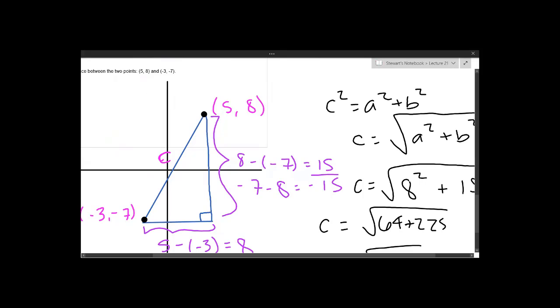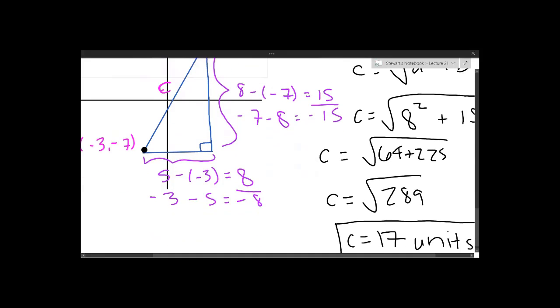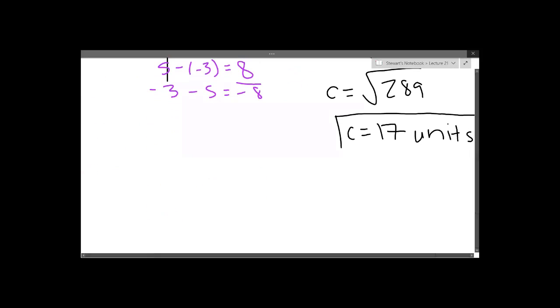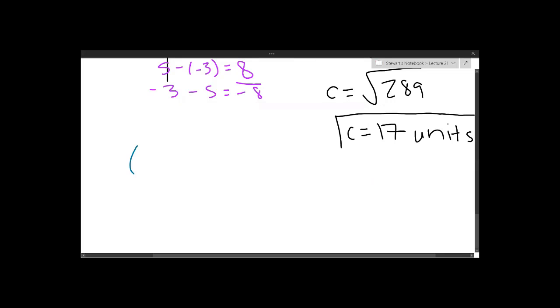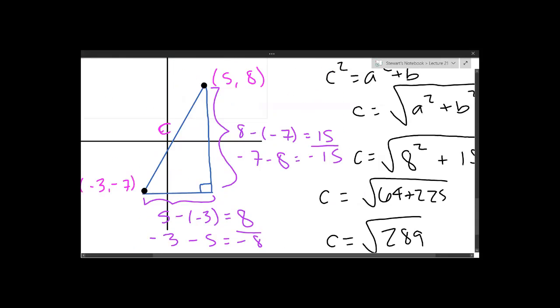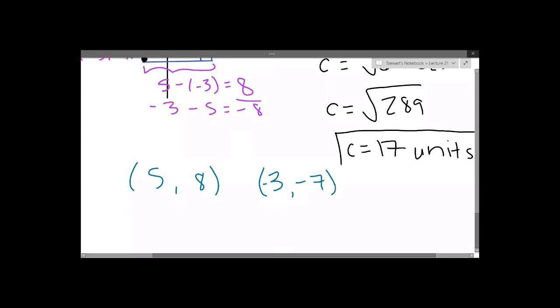And then the formal distance formula is like this, because if you notice these 2 points, we had 5, 8 and 3, -3, -7. Okay, so yeah, we have these 2 points.